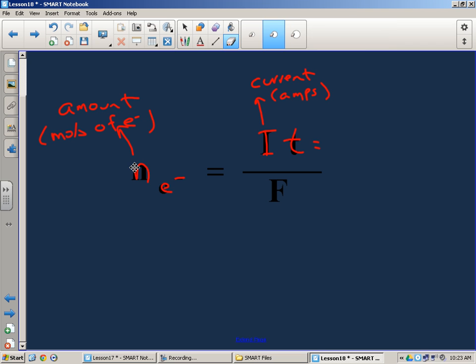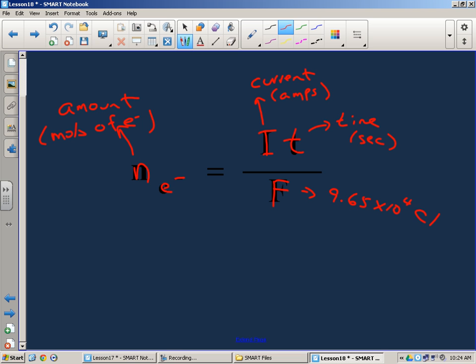T is the time, and of course that is measured in seconds. And F is the Faraday's law constant. This number is given to you: the Faraday constant is 9.65 times 10 to the 4 coulombs per mole.